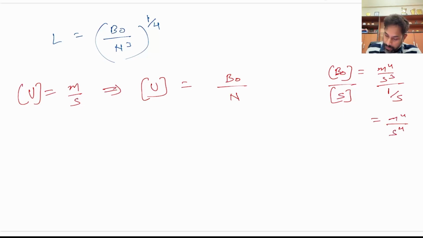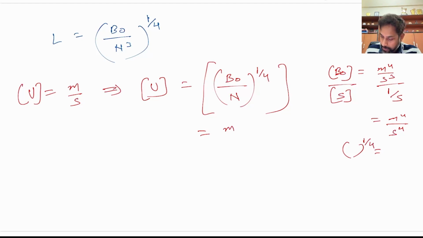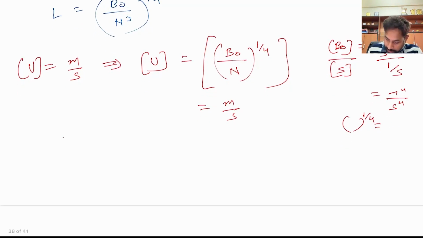But now we also need to put an exponent of 1 by 4 to be able to get meter per second. That gives us a unit of meter by second. And that is why we have defined our characteristic length scale and velocity scale as B naught by N to the power 1 over 4.